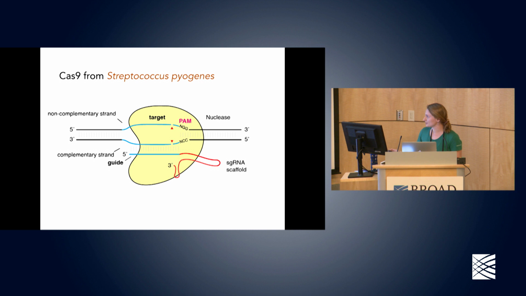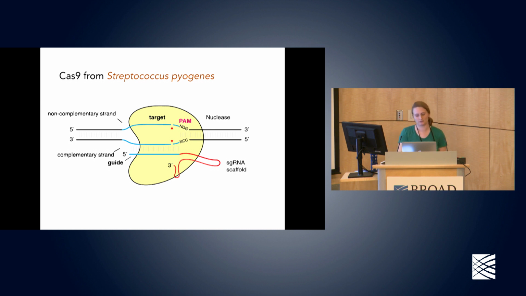The sgRNA scaffold, also sometimes known as the direct repeat, is shown in red and forms a unique secondary structure that is recognized by the protein. The guide RNA also has a second part known as a protospacer, and this protospacer forms Watson-Crick base pairs with the nucleic acid, in this case DNA.